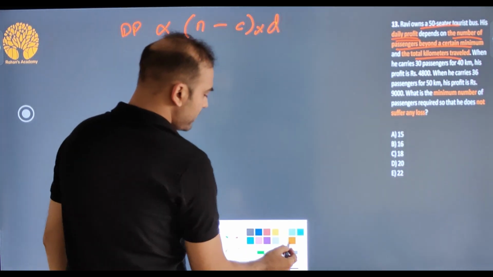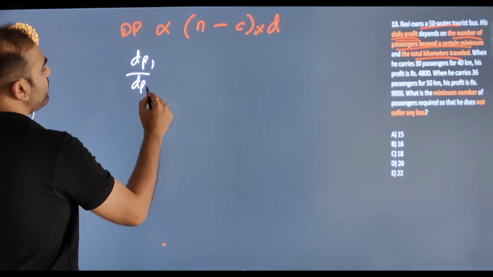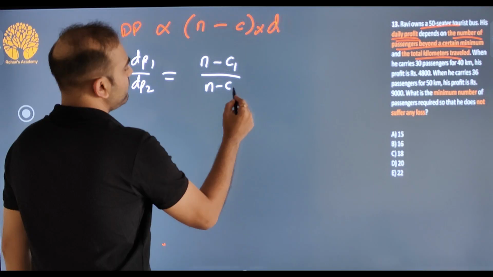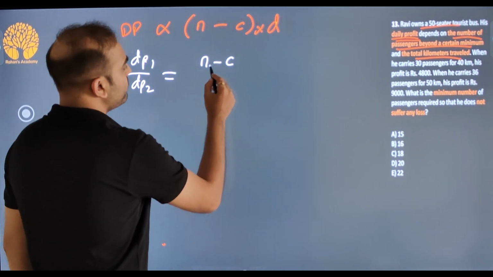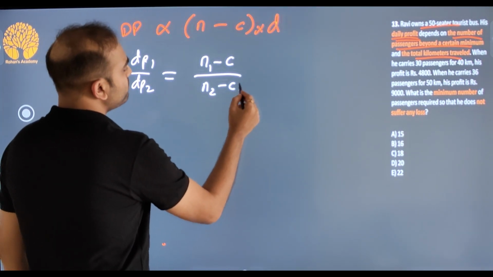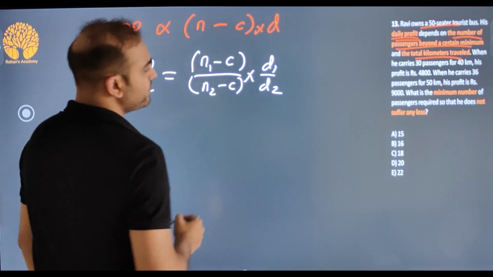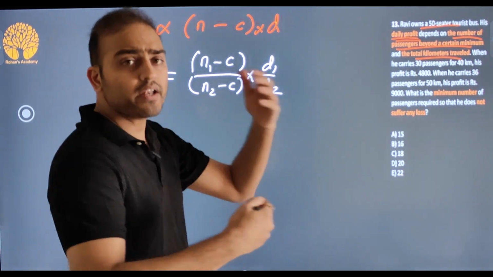Now we just plug in values. Your daily profit 1 by daily profit 2 is equal to n1, the number of passengers you carry, minus the certain minimum, over n2 minus the certain minimum, times d1 by d2. Again, you read it, understand it, convert it into proportion.